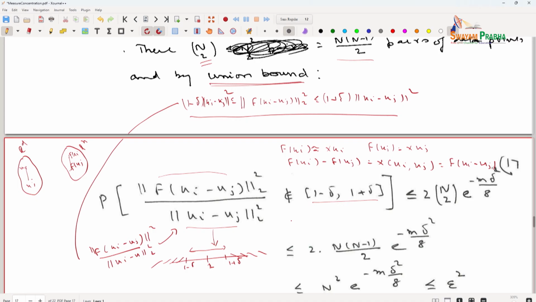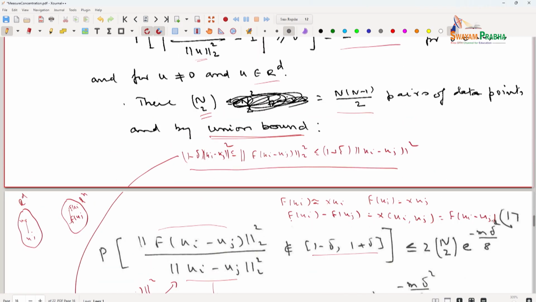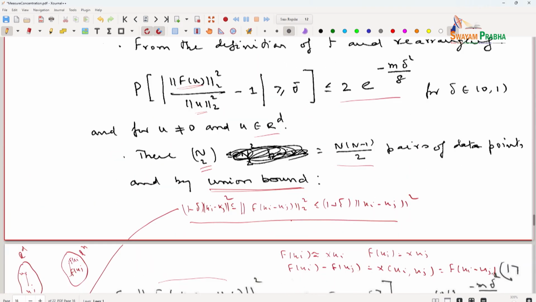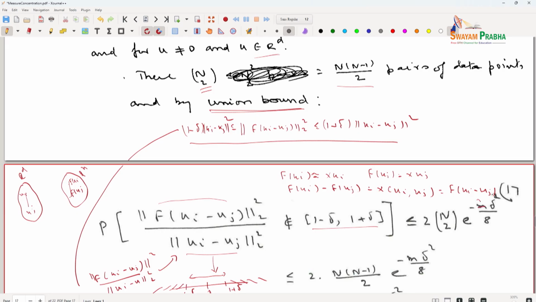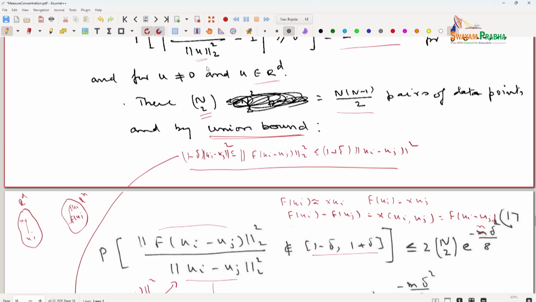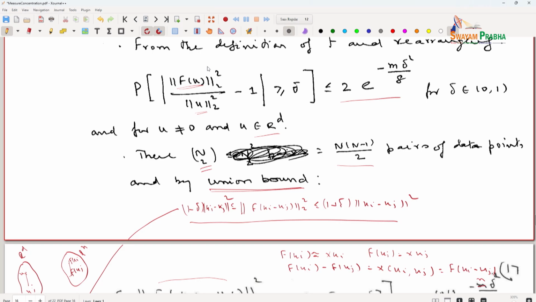Now, each of these bounds, each of these in here, e to the power of minus n delta square divided by 8. Let me erase this part so that you can see this.